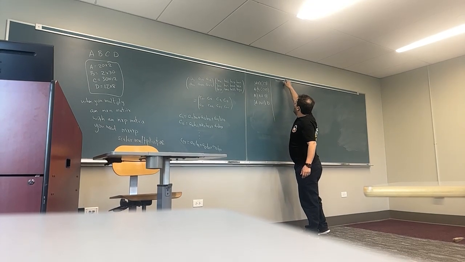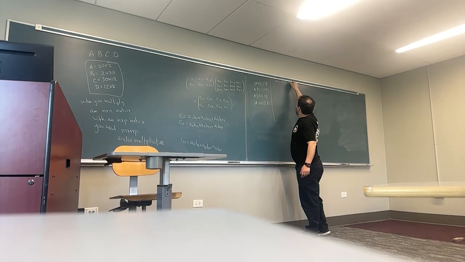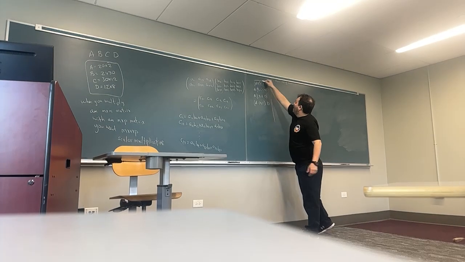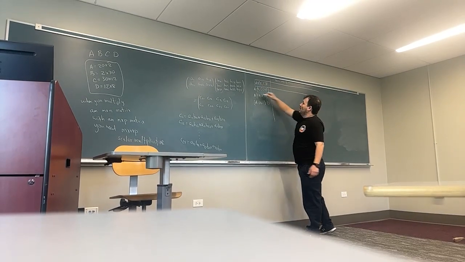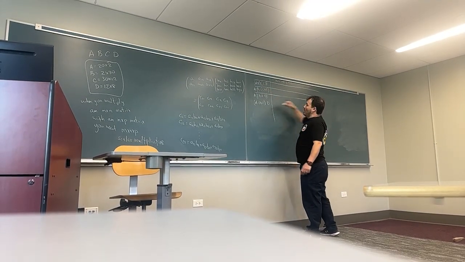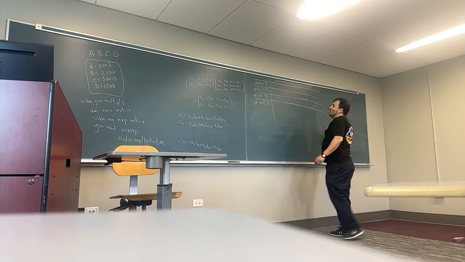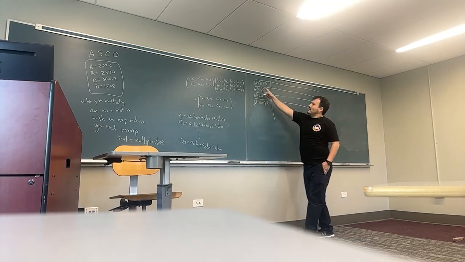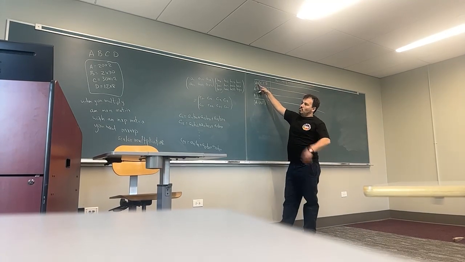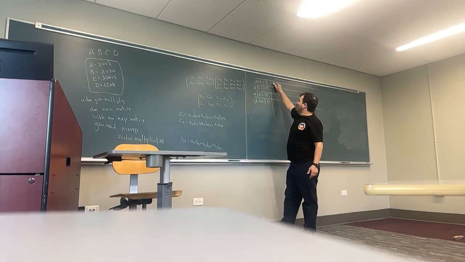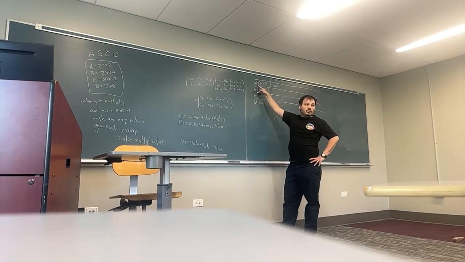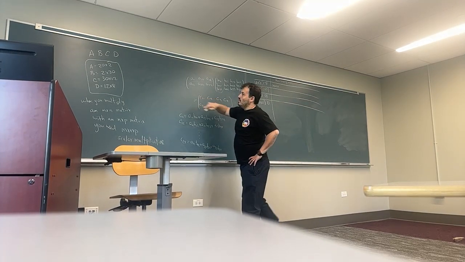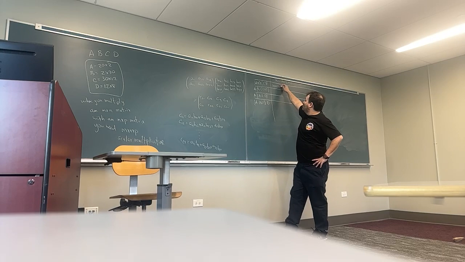How many multiplications? All right, so A times B is a 20 by 2 by a 2 by 30. So that takes 20 by 30 by 2 multiplications.